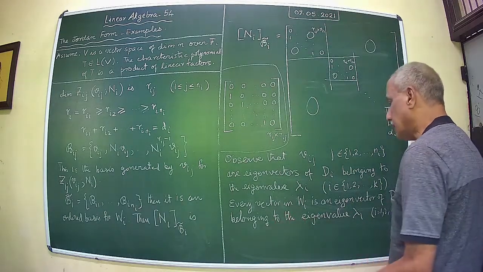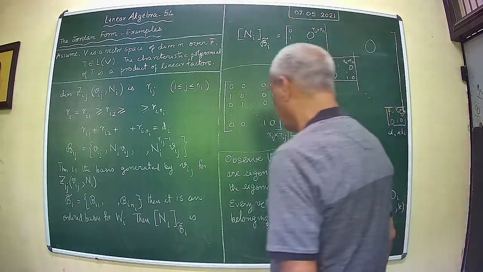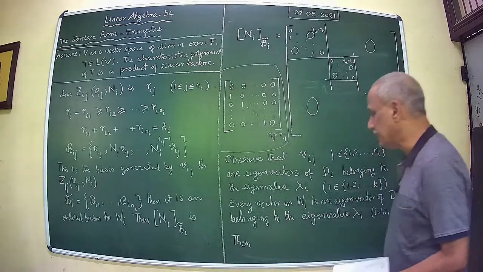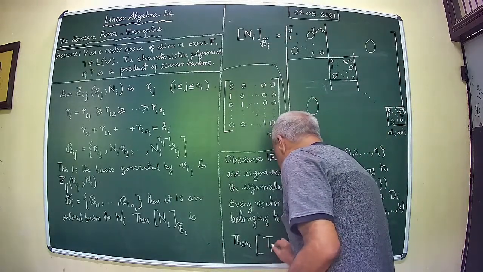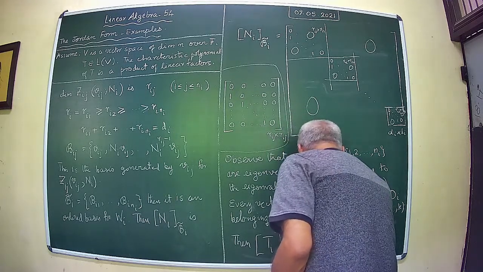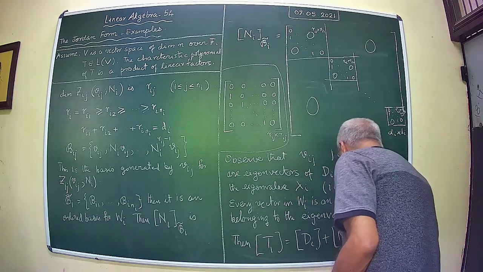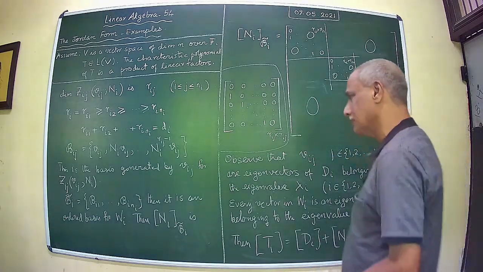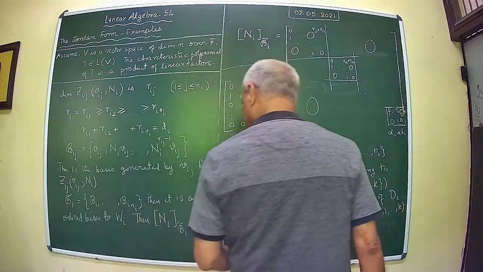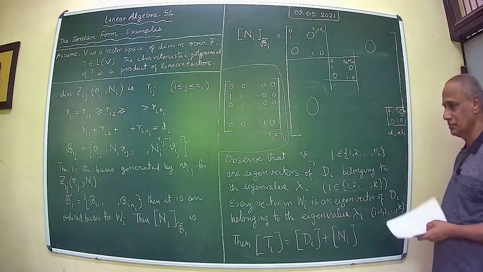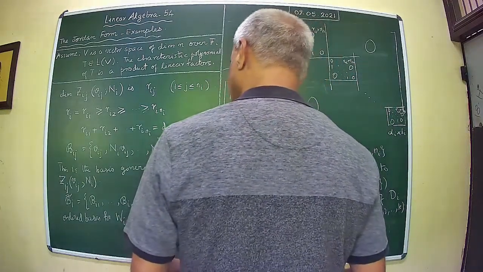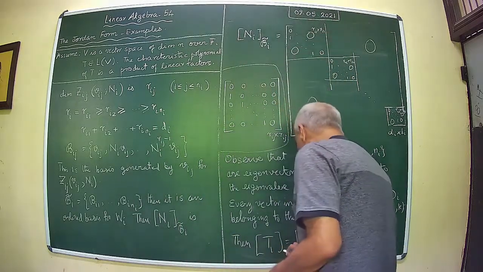What is the consequence of that? Then what you have is this: the representation for Ti is the representation for Di plus the representation for Ni with the same basis. So this is true.